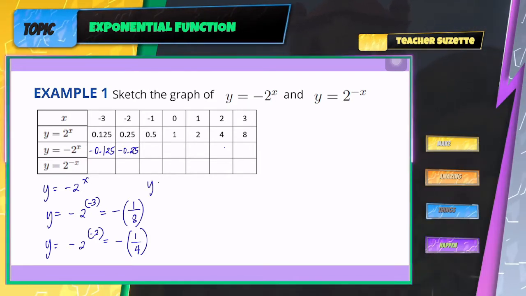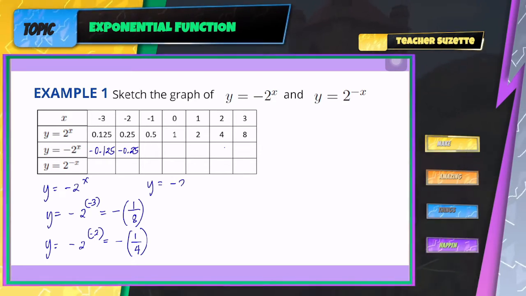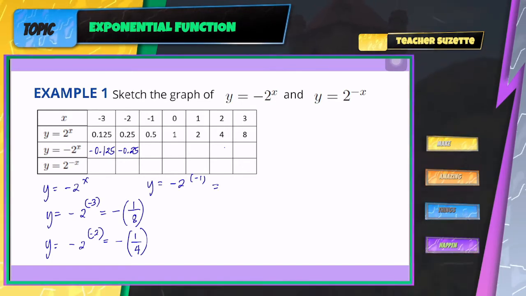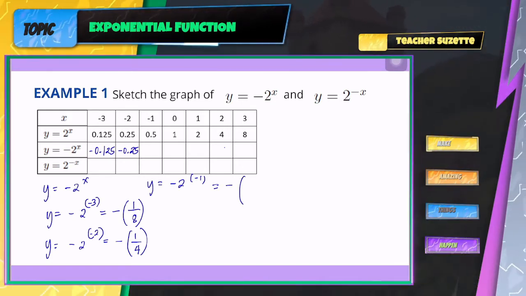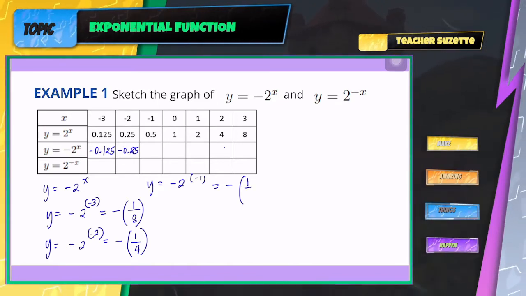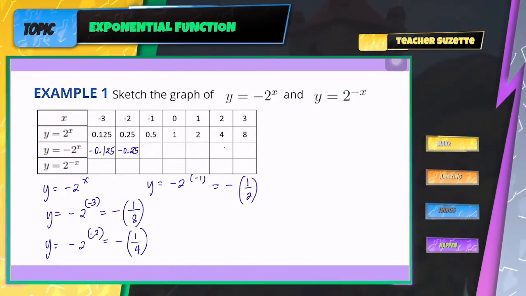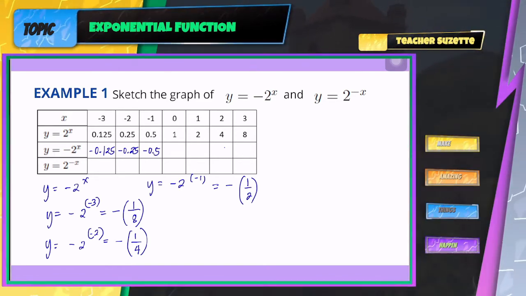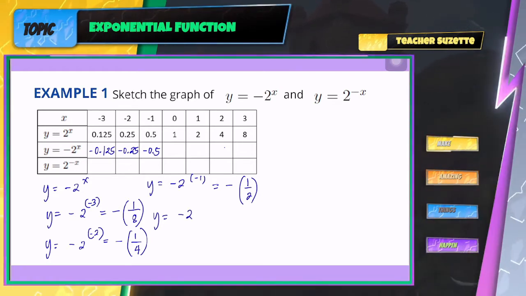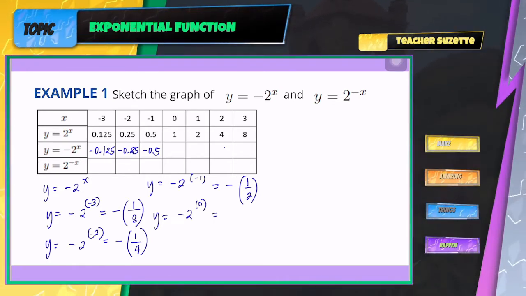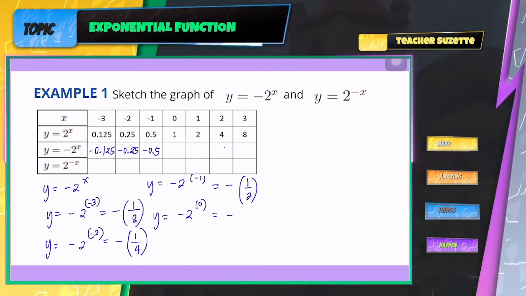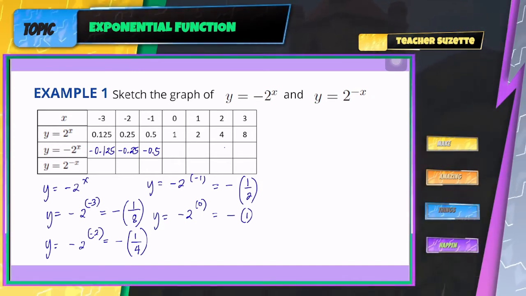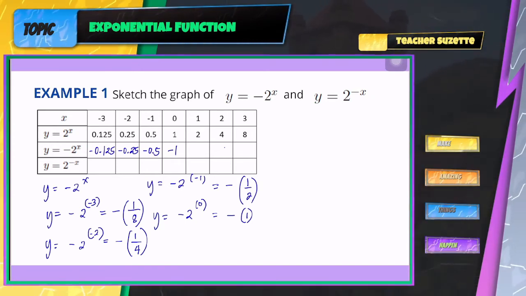Next, we have y is equal to negative 2 raised to negative 1. So, you will have negative, get the reciprocal of positive 2 raised to negative 1. So, that is 1 half. So, therefore, we have y is equal to negative 1 half or negative 0.5. Next, we have negative 2 raised to 0. And any number raised to 0 is equal to 1. So, you will have negative 1 times 1, which is equal to y is equal to negative 1.